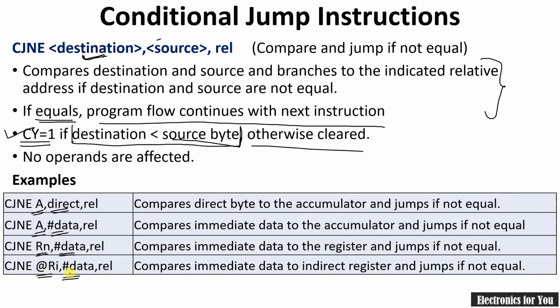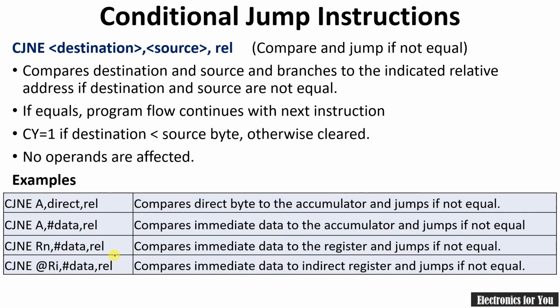In all these, the left-side operand indicates the destination, whereas the right one indicates the source. The source and destination are compared, and if they are not equal, the program will jump to the relative address indicated in the respective instruction. So there are 4 types of CJNE instructions, and here the description is written.